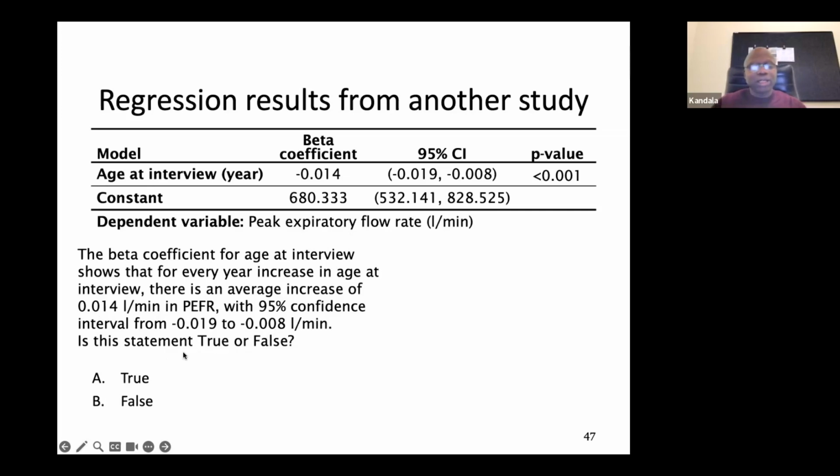Is this statement true or false? From what you have seen in terms of reporting, is this statement in this way of writing true or not true? I need an answer, please.